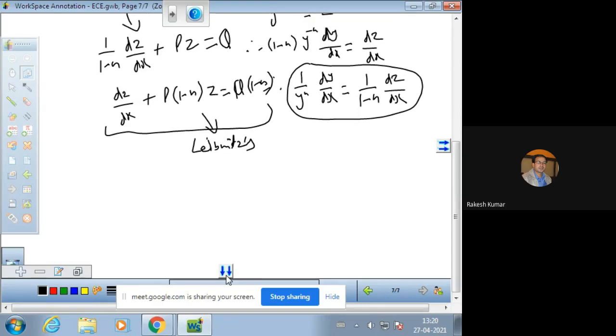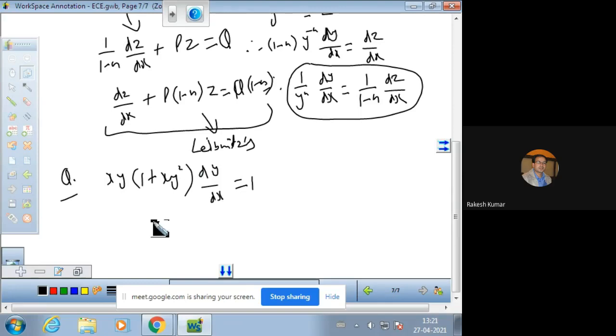Solve the differential equation. The differential equation is xy (1 plus xy square) dy by dx is equal to 1.